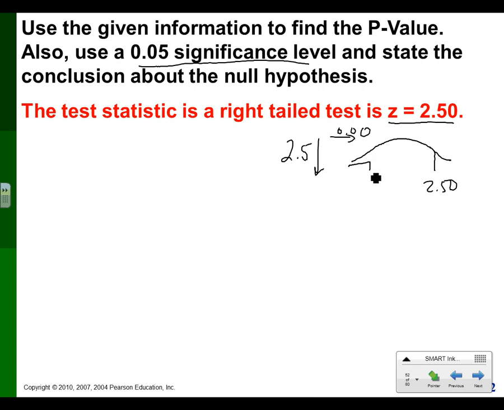Tell me what number that is right there. 0.9938. So now the question is, what is the area right here if the whole thing is 1? What is 1 minus that? 0.0062.